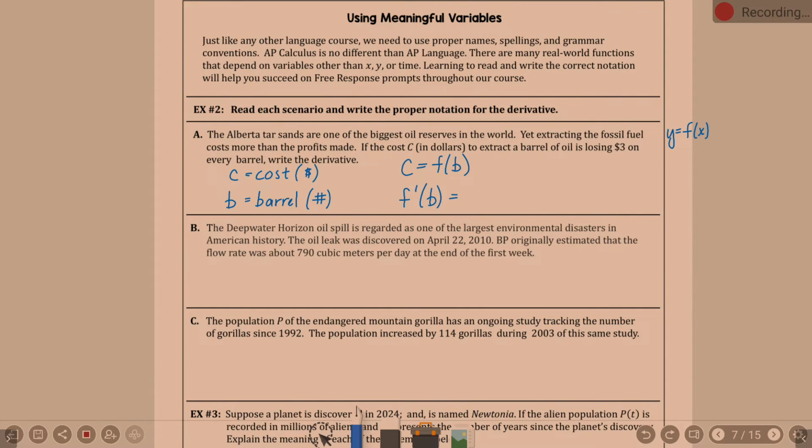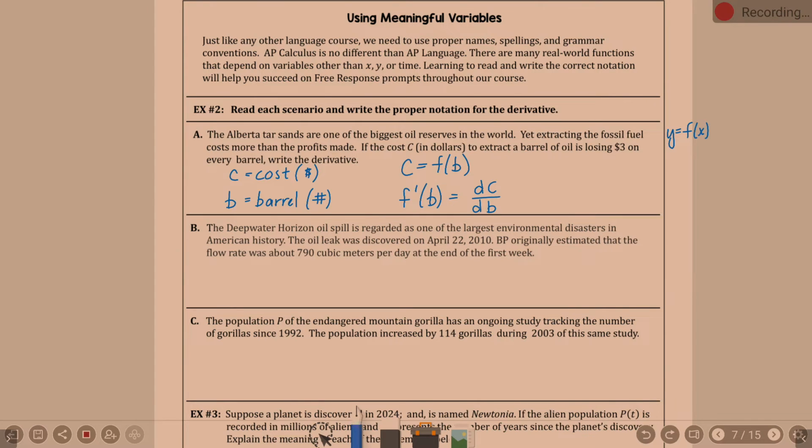What about if we talk about Leibniz? Instead of dy over dx, dC over dB. So we're talking about the change in cost in relation to the change per barrel.